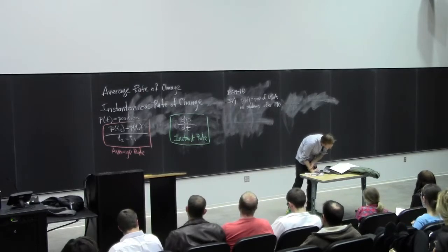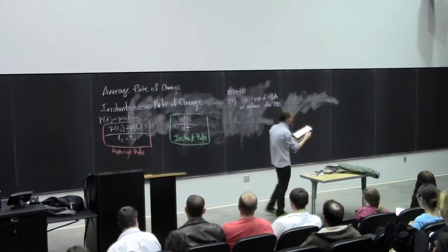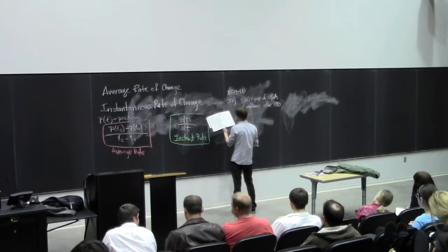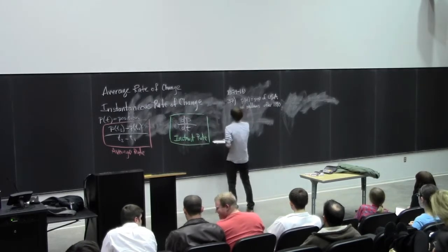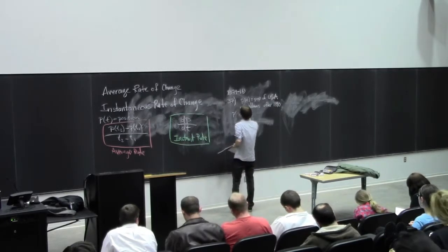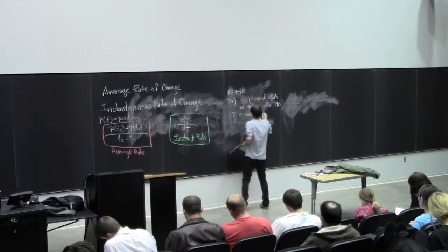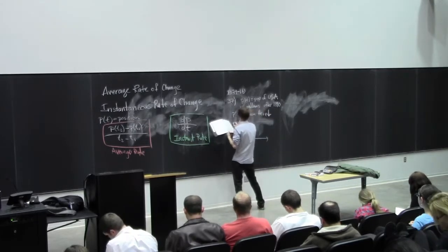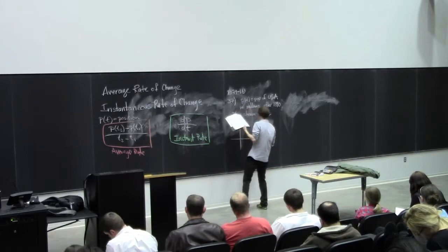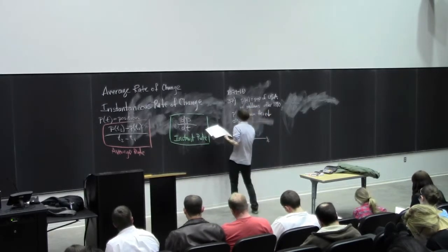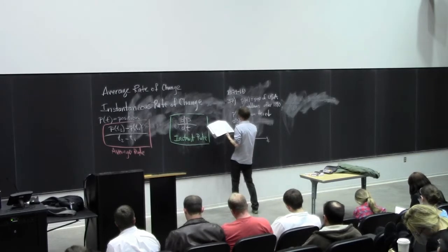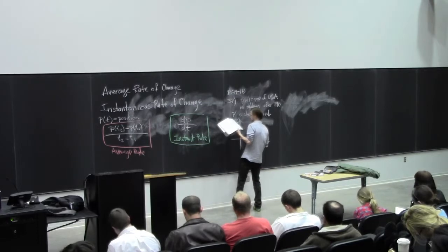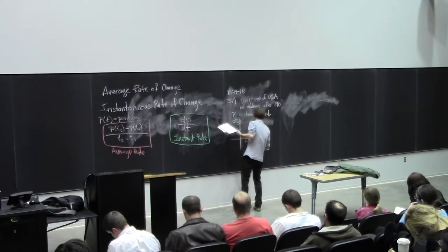There we go. So here's a picture of the plot. Is this right? Oh, okay. P prime is shown here. So I've got to draw P prime of t for you. That's okay. I'm good at doing this stuff. 20, 40, 60, 80, 100.